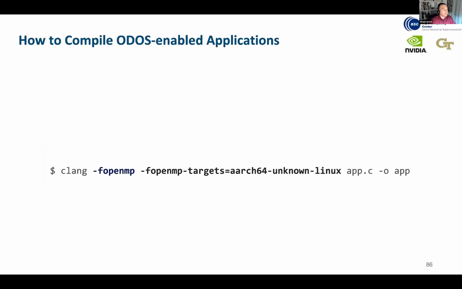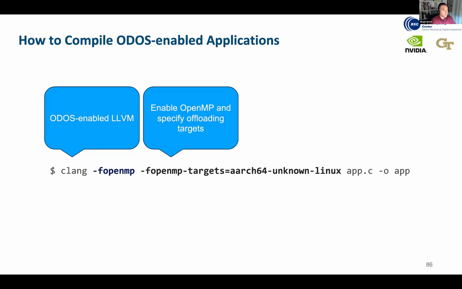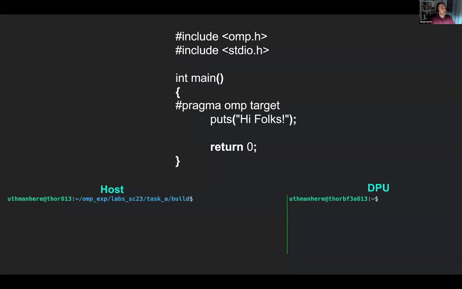For compiling an ODOS-enabled application, we will use the ODOS-enabled LLVM compiler, Clang, and then we will enable OpenMP and specify the offloading target. In this case, the ARM target because of the BlueField. The result of this compilation is the fat binary. So, for instance, imagine that we have this code.